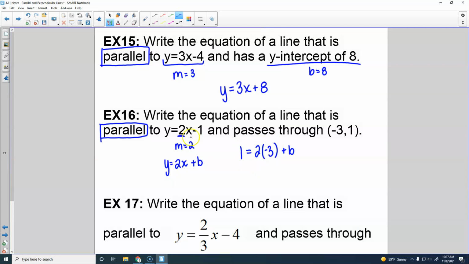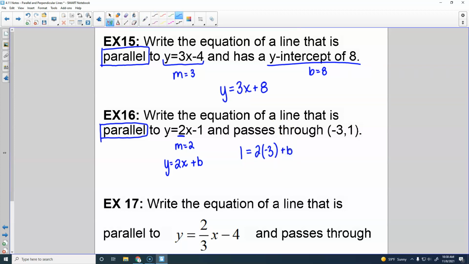Plus b. It's not this line. That's the y. If you put a minus 1, what are you going to solve for? There's nothing to solve for there. There's no variable. There's no x. There's no anything.